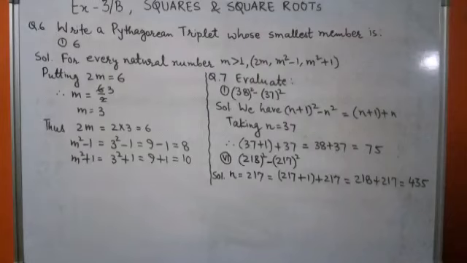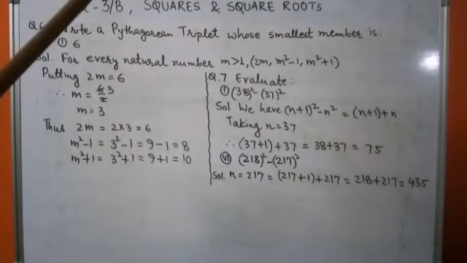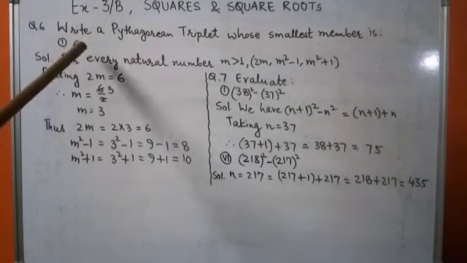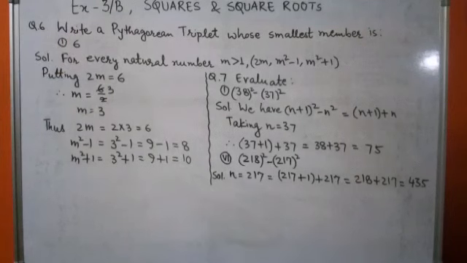Now we have to solve question number 6, that is based on Pythagorean triplets. Here the question is given that the smallest member is given. We have to find out the triplet of number 6.